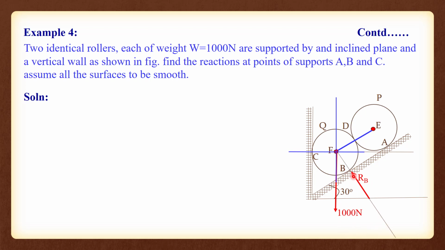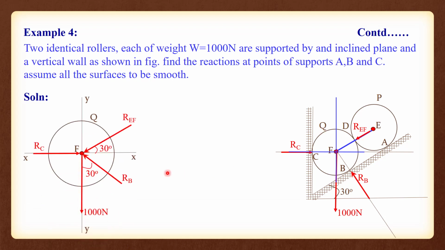When the line of action is drawn, you can see that it passes through the point F. The third one is the reaction exerted by the wall, which will be a horizontal force, and its line of action also passes through the point F. Then we remove this roller P, so the force exerted by P on Q is REF. These are the forces acting on roller Q.